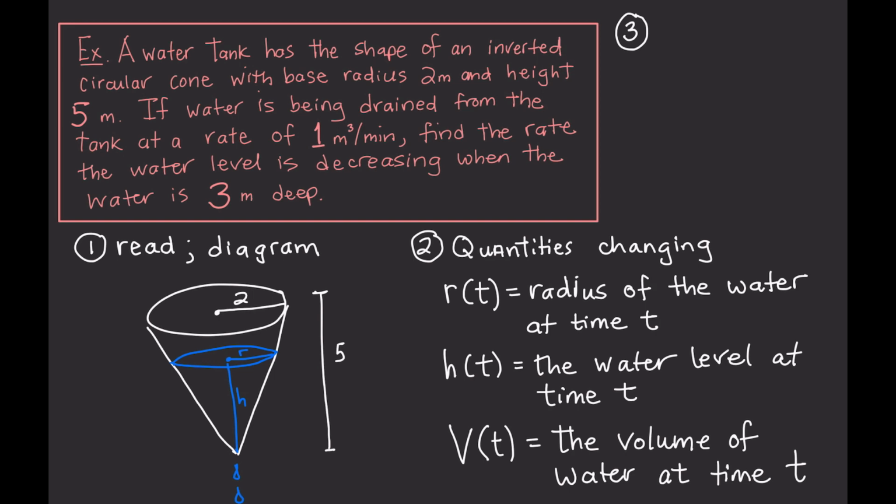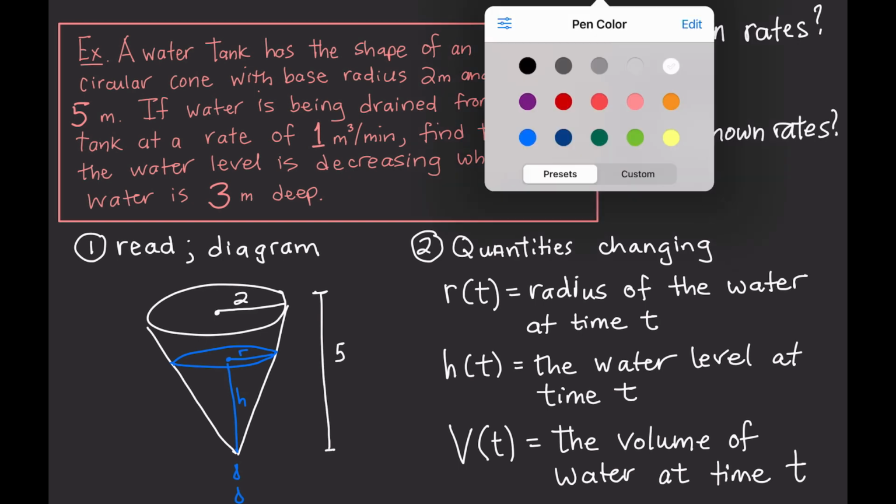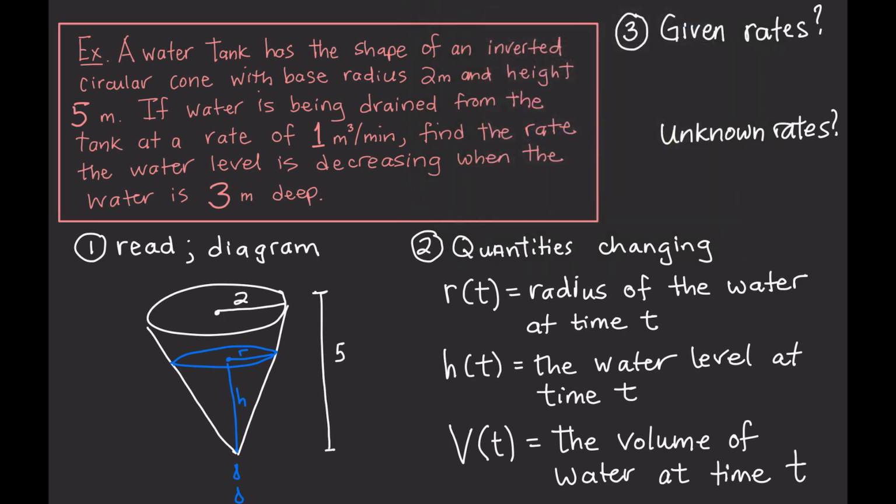Okay, so next, remember, we would like to know what were the given derivatives, so the given rates. And what are the unknown rates? So the rates that we want to find. Okay, so in this case, as I read through the problem, we are told that the water is being drained from the tank at a rate, that's a derivative, of 1 cubic meter per minute.